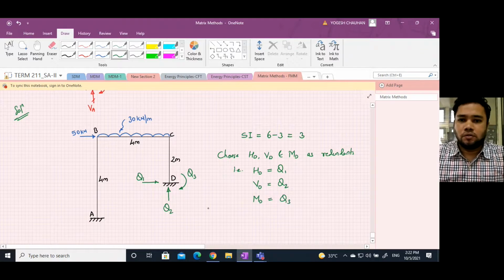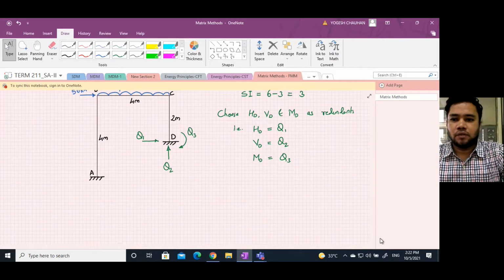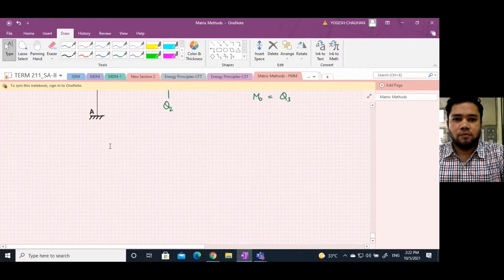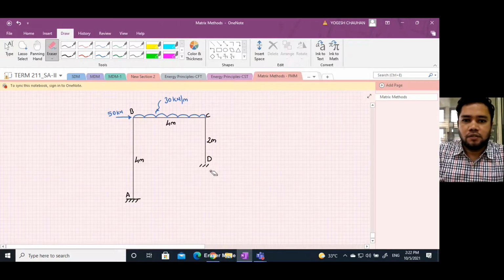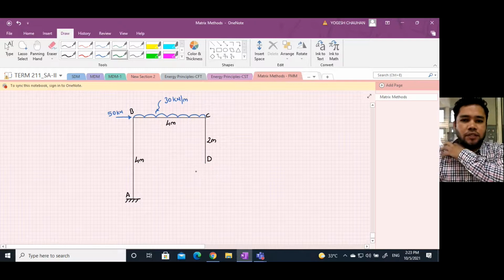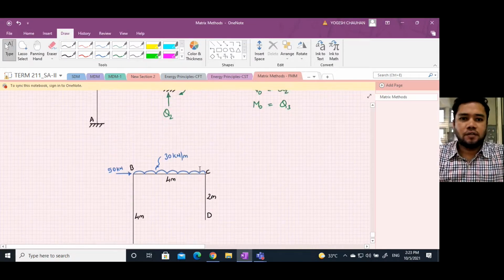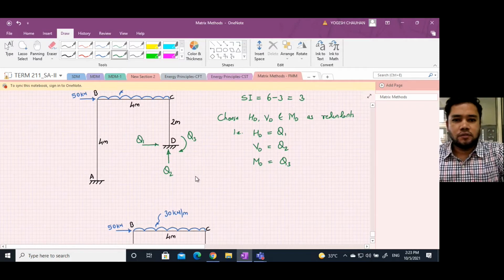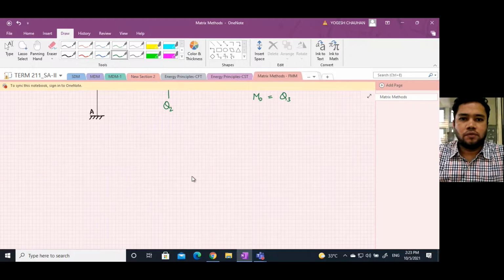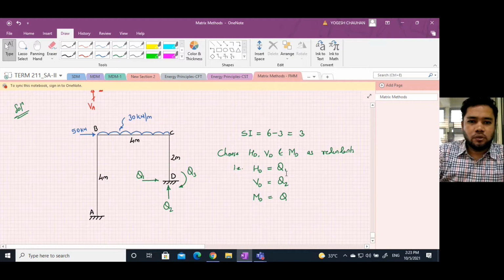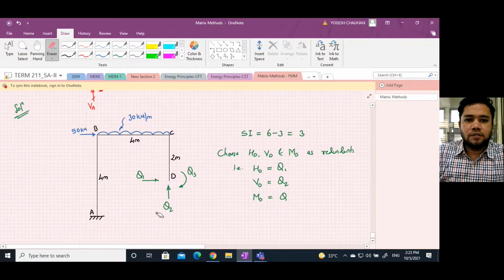So our released frame would be, when we choose these as redundants, we remove the support at D and apply these redundants.